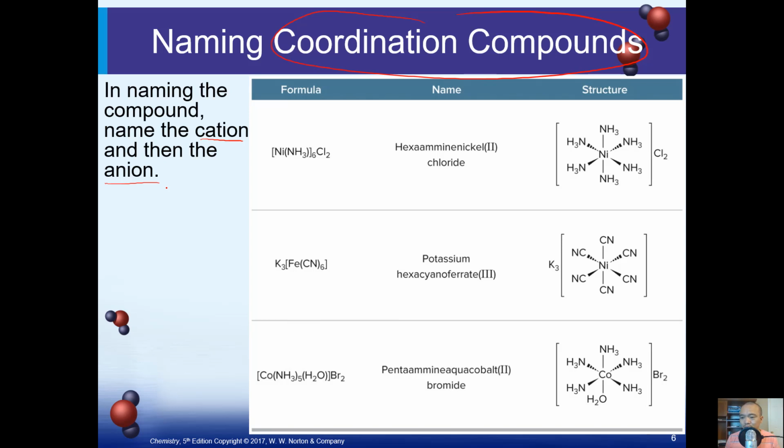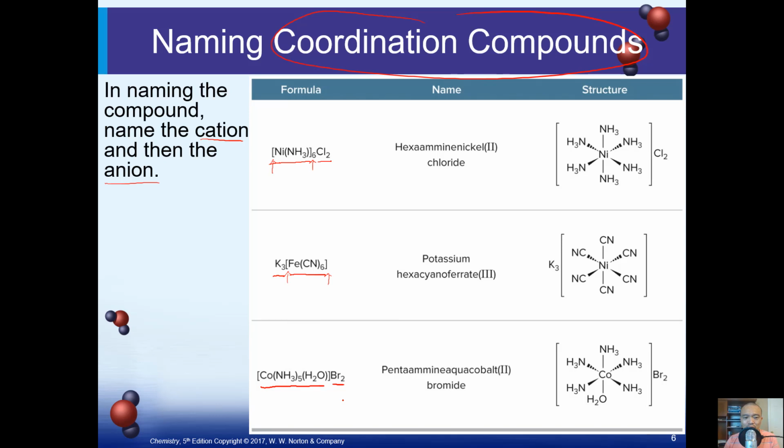For example, when you have a complex ion and a counter ion, this is counter ion, this is complex ion. Remember, the complex ion is always included in a bracket. You see it in the brackets. See that? Complex ion and the counter ion.